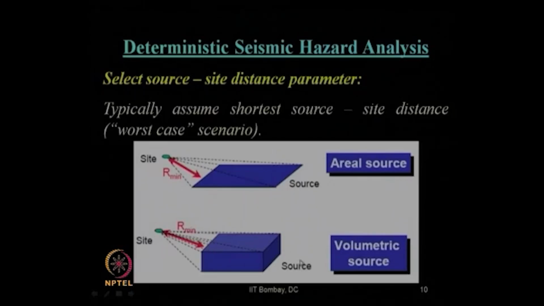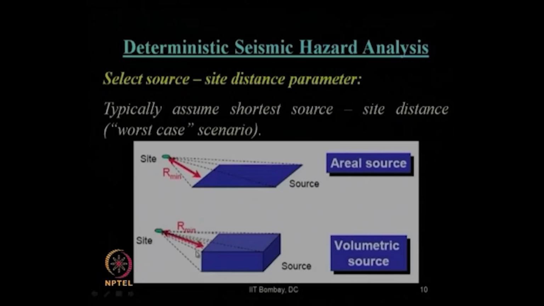history may be different at these two ends if the source length or source volume is much bigger compared to this distance. It is quite possible, but even then in this deterministic process of seismic hazard analysis, we assume that the same maximum magnitude occurs at every point.